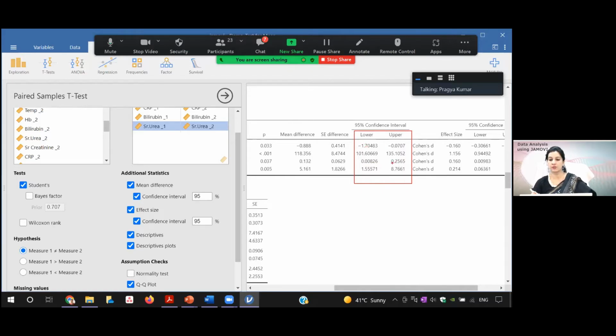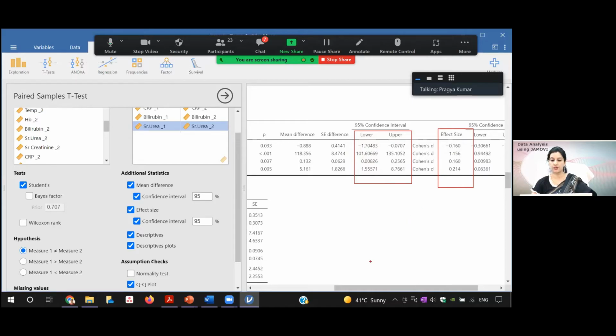These two, this one and this one. That means it is significant. If you focus on the value of effect size, then you can see it is minus 0.160. So this is again, the effect size is not, it's very mild effect size. Although this was significant. So you can see here, this is 0.001, but its effect size is 1.15.